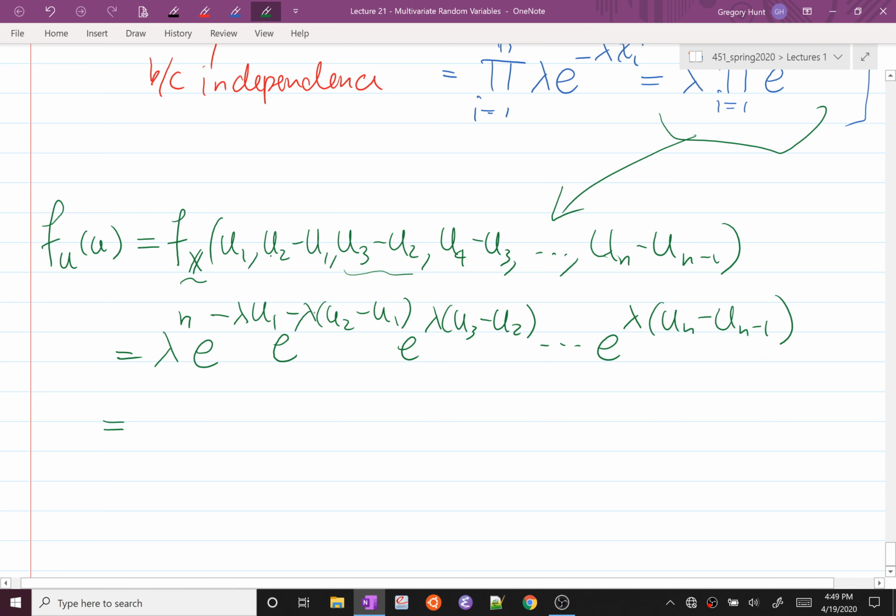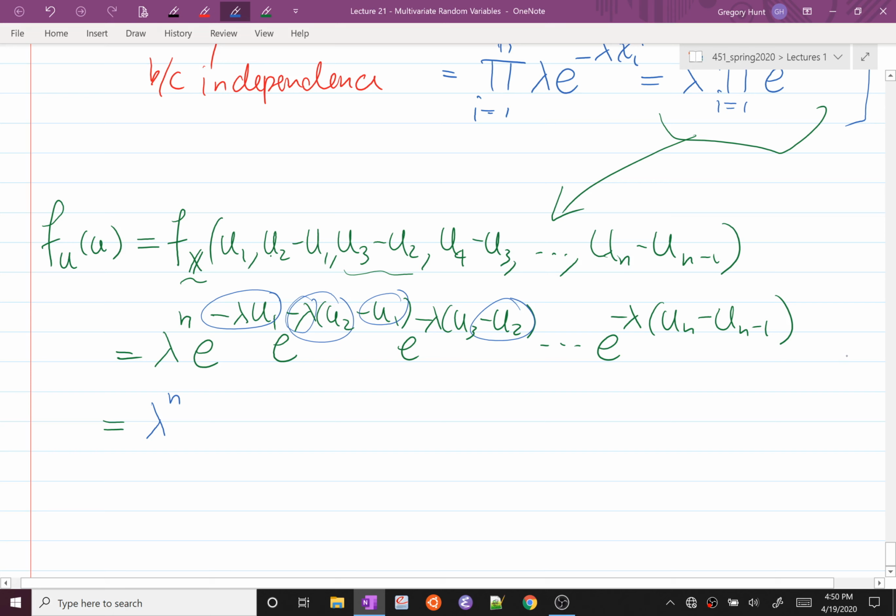It should be negative, negative, negative. There we go. Okay, so that negative lambda u1 is canceled with negative, negative lambda u1. So we're left with the lambda to n, and the negative lambda u2 will cancel with the negative, negative lambda u2 here. And so we're going to get a bunch of cancellations.